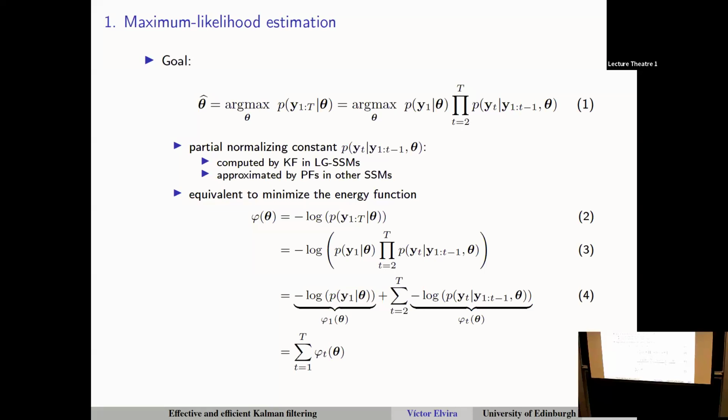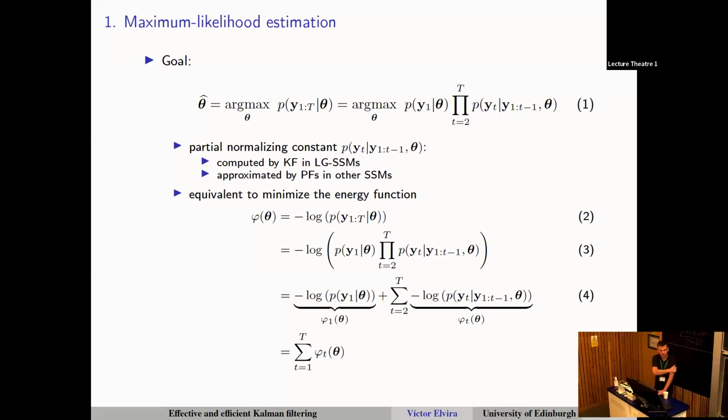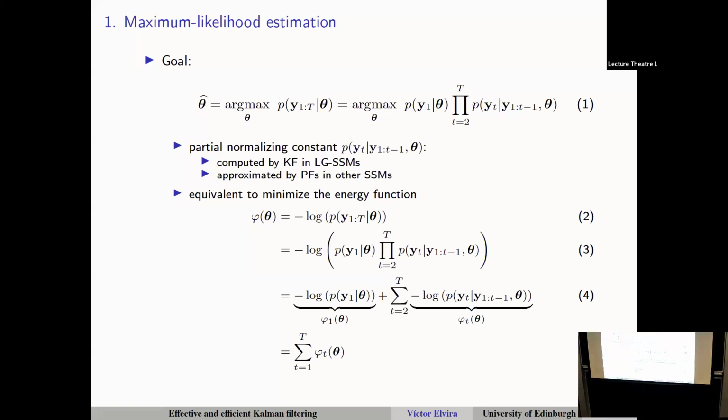So you have the posterior distribution of the whole trajectory, the full sequence of states, and then you have the joint here. This is easier to express. This is just the product of all transition kernels and the P of y t given x t. Then if you were able to compute this marginal likelihood, you would immediately obtain the posterior that you are interested in, if you're interested in the whole trajectory, okay?